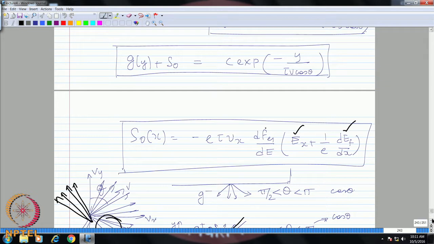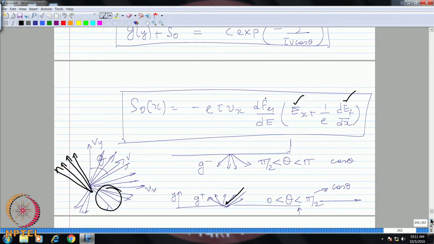Coming to the solution, we have two contributions to this perturbation function, or any non-equilibrium distribution function, because it is now going to have a directional dependence. So it is going to vary with theta even in the case of one dimension, with a variation with respect to the direction cosine cos theta.